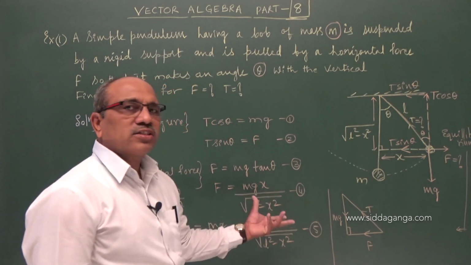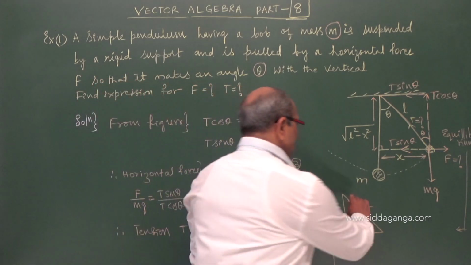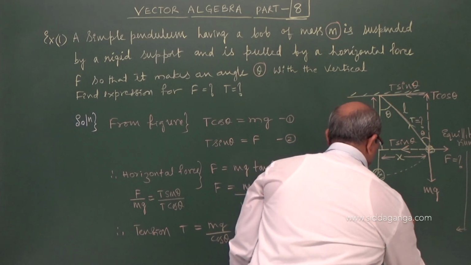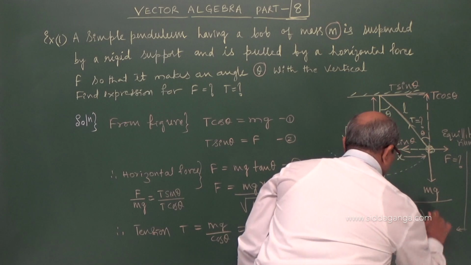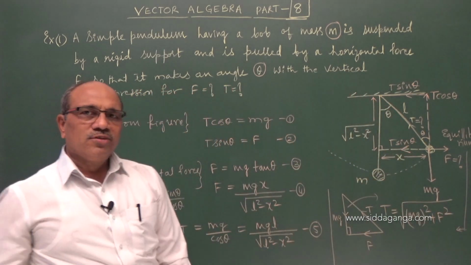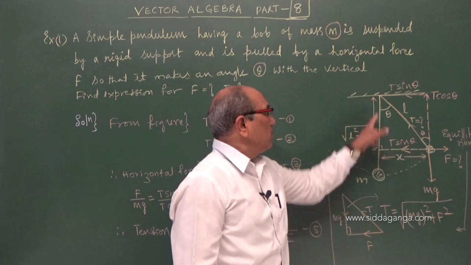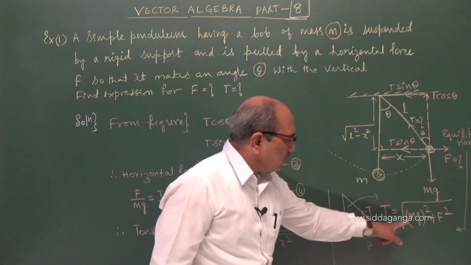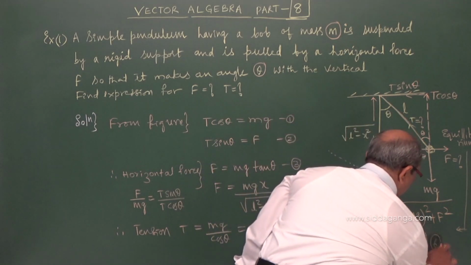This is the beauty of the geometrical construction. What you get here is a relation for T. T is equal to root of mg square plus F square, by your Pythagoras theorem. This is 90 degree. This is F, mg, tension T, so T equal to root of mg square plus F square. This is formula 6.